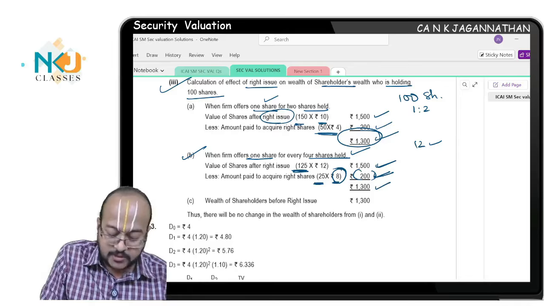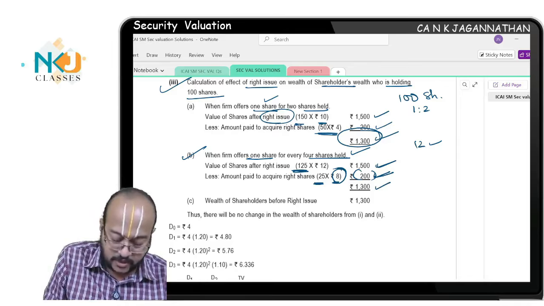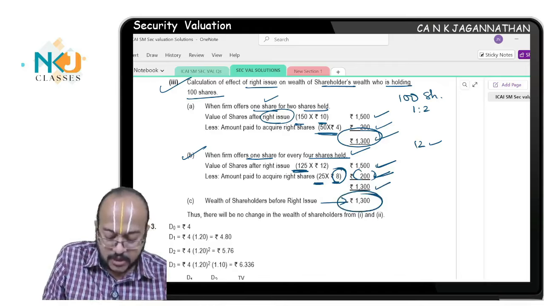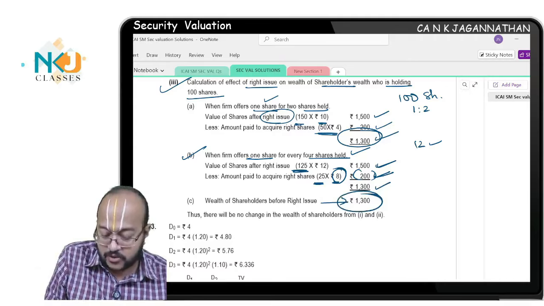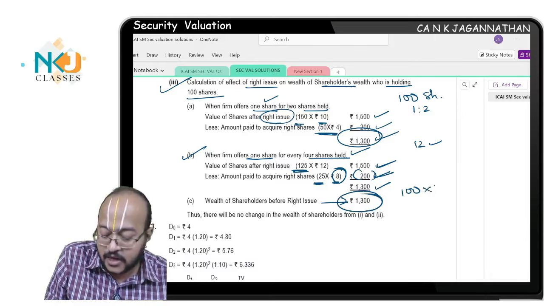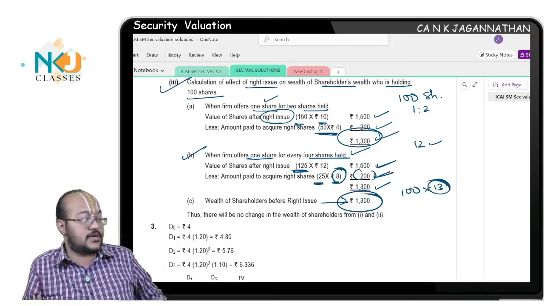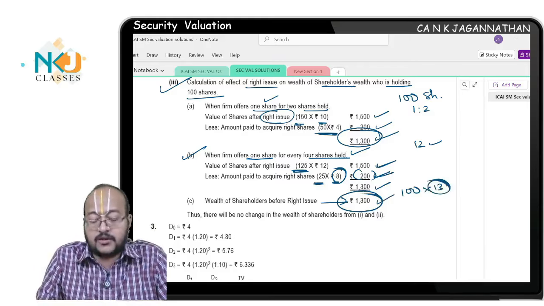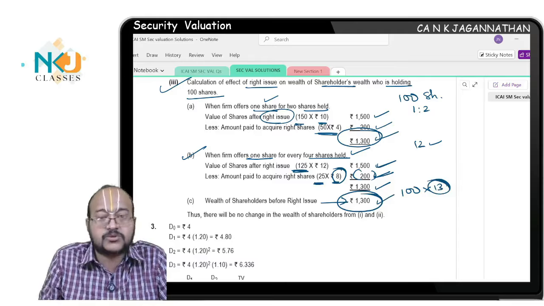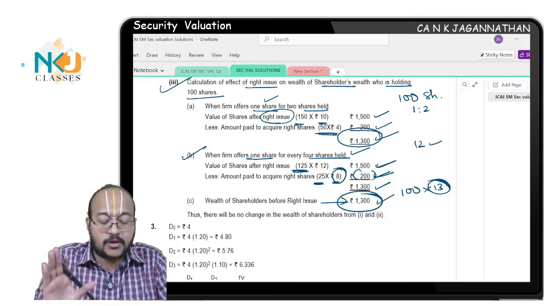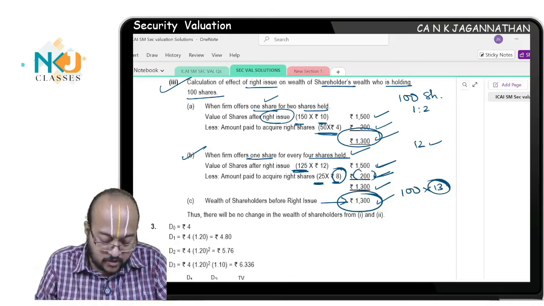In both cases the value remains the same. The wealth of the shareholder before the rights issue, who has 100 shares, is 100 into the current market price of 13, which gives 1300. All these scenarios show that if you are subscribing to the rights issue, you will never lose the value of the share.